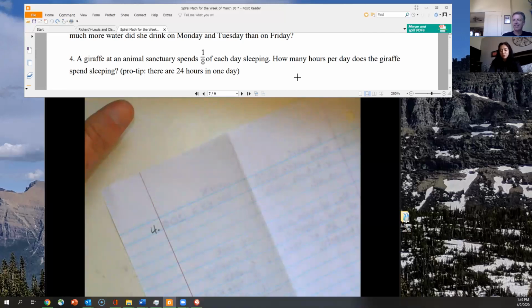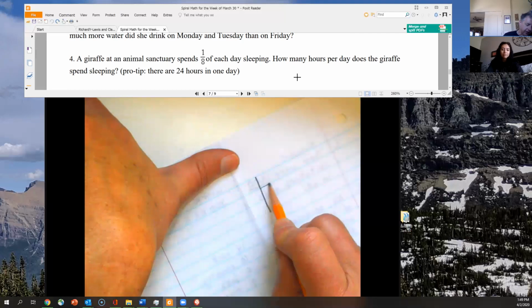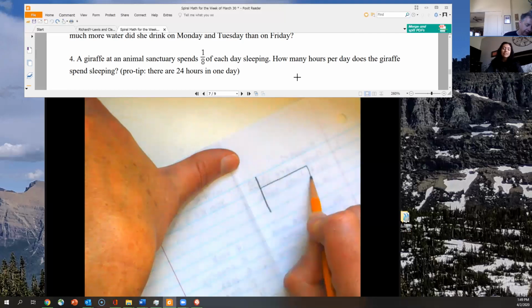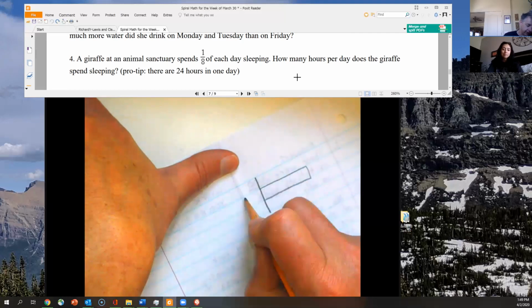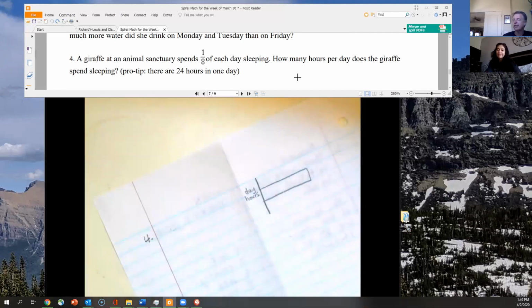So I drew a unit bar. All right. So I started with a unit bar. Ms. Garcia, what is the unit bar going to represent, do you think? I said hours in one day. Yeah. Day hours. One day in the giraffe's life.